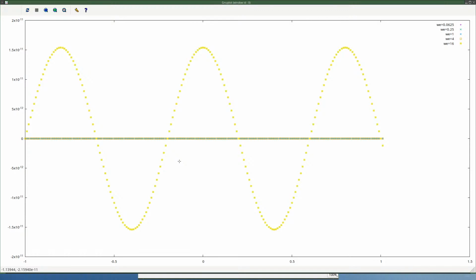A sinus. Wow, who would have thought that? Look at the numbers here. This is 10 to the power minus 12. So it's almost 0. And then the error for WE is 16, which is quite big, I guess. The error is the cosine. Unbelievable. Where does that come from?